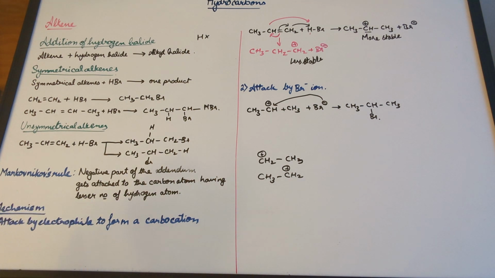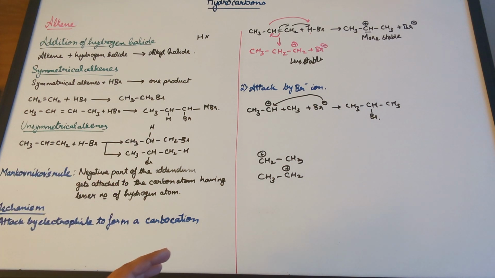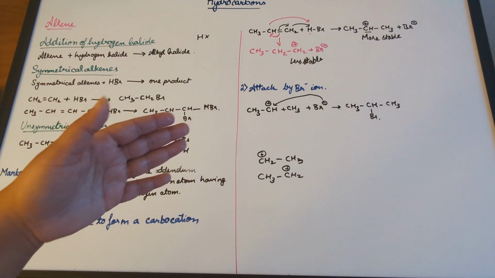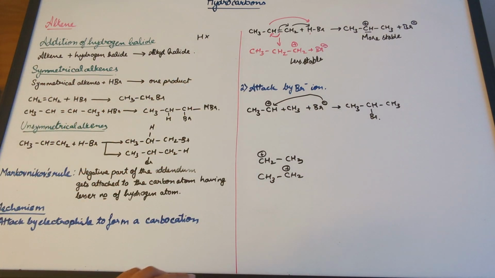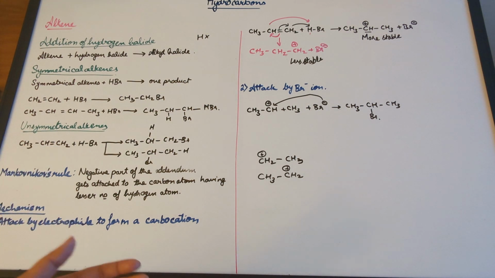And because our alkene is unsymmetrical, there is a possibility of two carbocations being formed. The one which is more stable is more preferred than the one which is less stable. The reason that one is more stable is because of the presence of two alkyl groups. These two alkyl groups will basically help make sure that the positive charge on that carbon atom is taken care of. And then there is an attack by the Br minus ion.